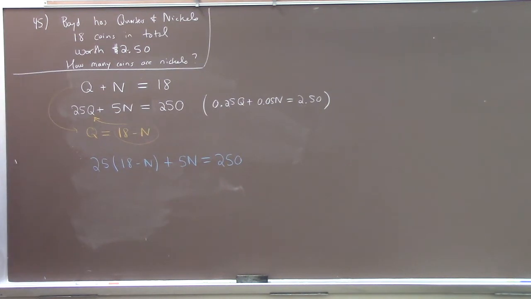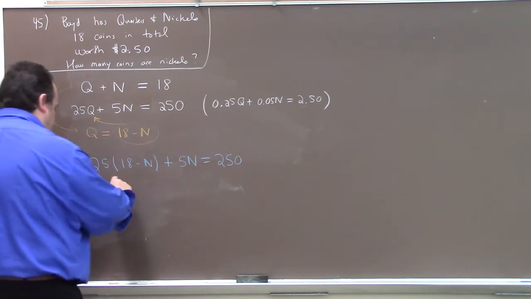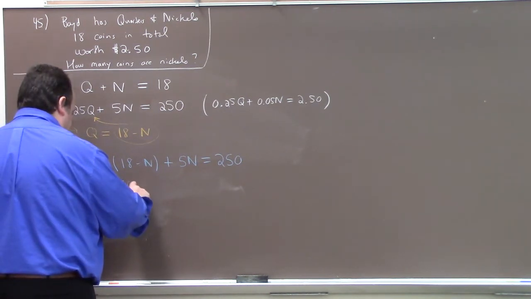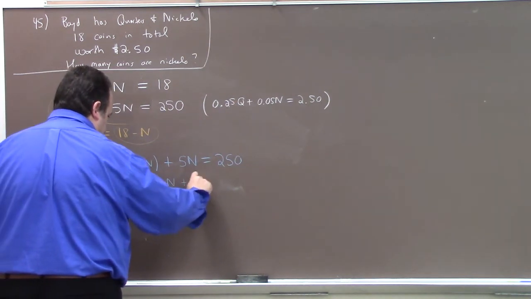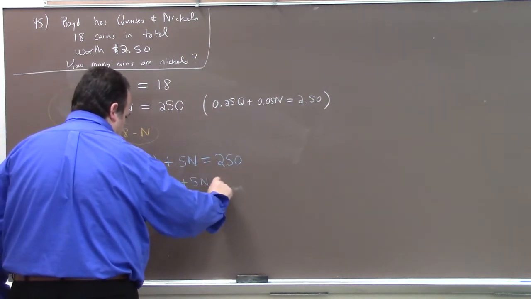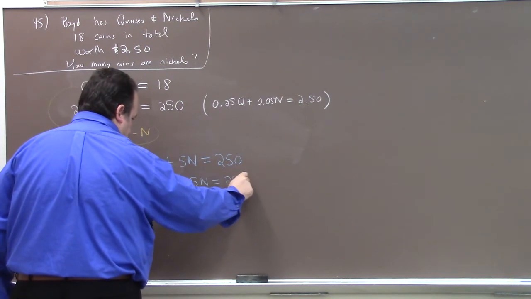Now, 25 times 18 is 450, I think. So I've got 450 minus 25N plus 5N equals 250.